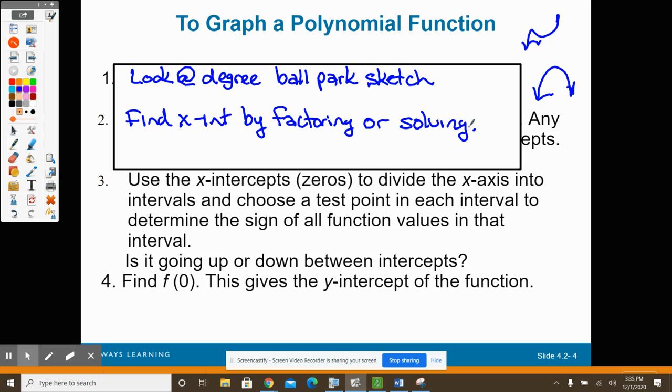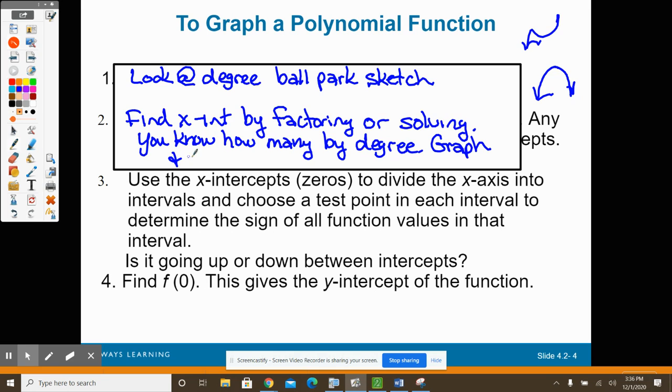And you know how many you're looking for because of the degree. And then what you do is you graph those. And you should graph your y-intercept as well, which you will also know.